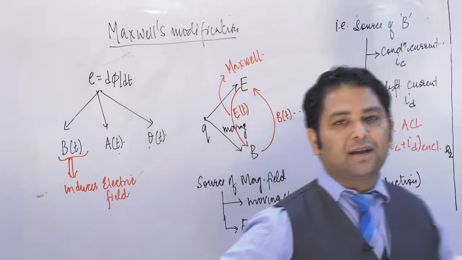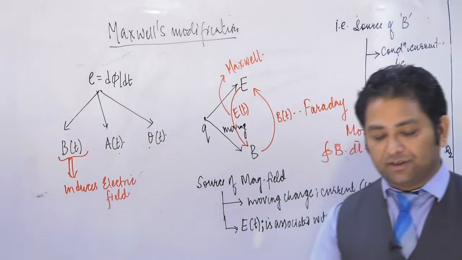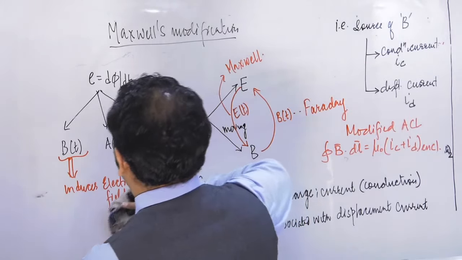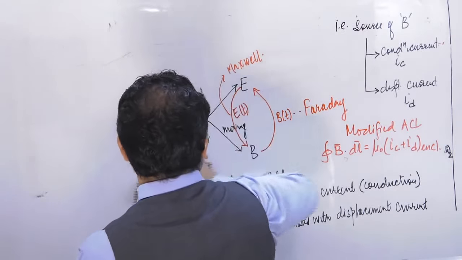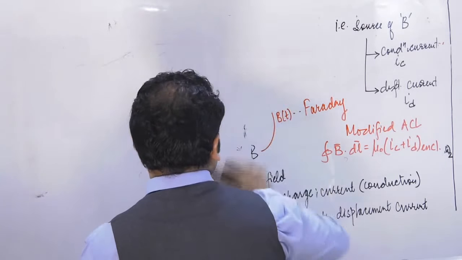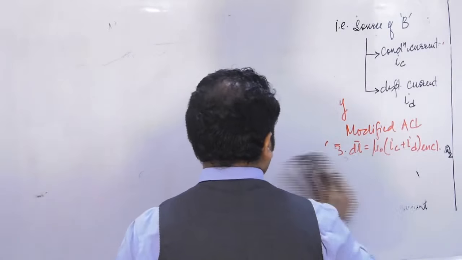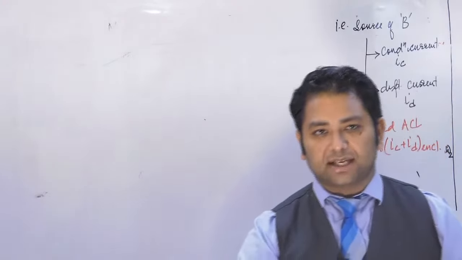A wonderful craftsman is what Maxwell is considered in theoretical physics. Now let's try to see the expression. Let's try to see the mathematics involved with the displacement current, and then we'll finally enlist the entire Maxwell's equations as well.